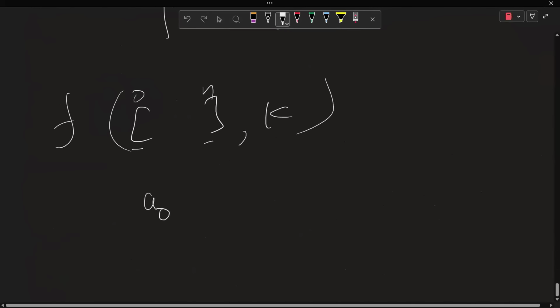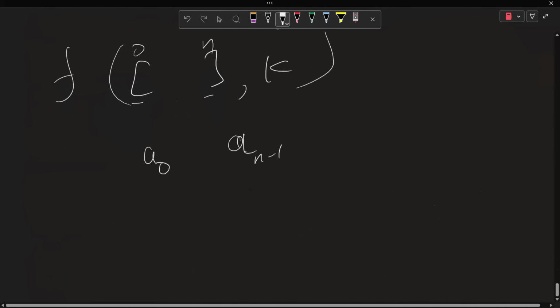The starting is 0 and A[n-1] is the ending value. So first compute for this array the initial sum of differences. Just one by one go to every element, compute the differences. Let's say that initially your sum of differences is d.